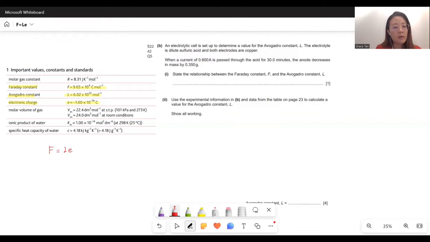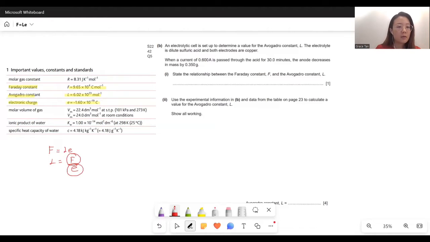Now, how did we even get the Avogadro constant that we conveniently use nowadays? How did the scientists come up with the 6.02 times 10 to the power 23? If you rewrite the formula, L equals to F divided by E. They went and found out the quantity of charge in the electrolytic experiment, which is your F, and they divided it by the charge on 1 electron.